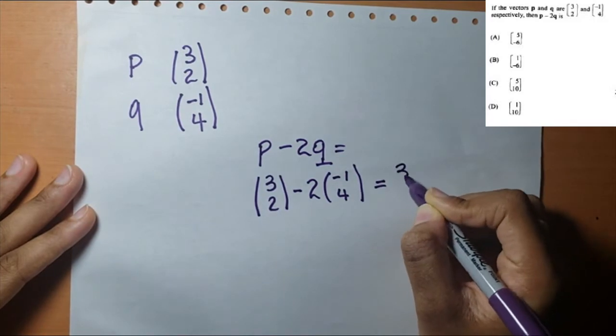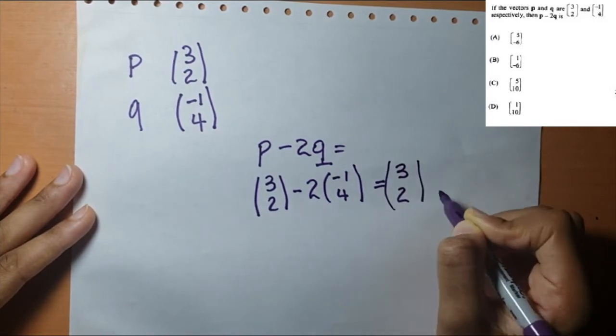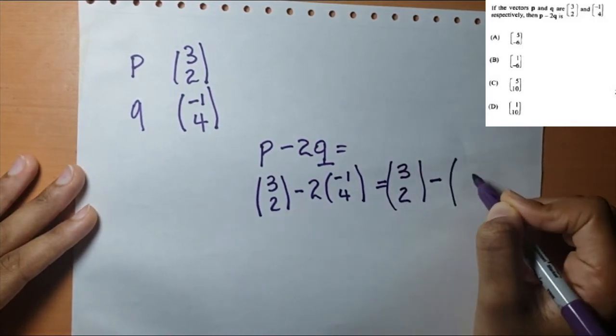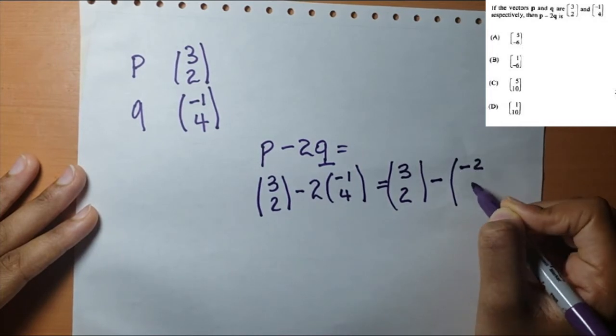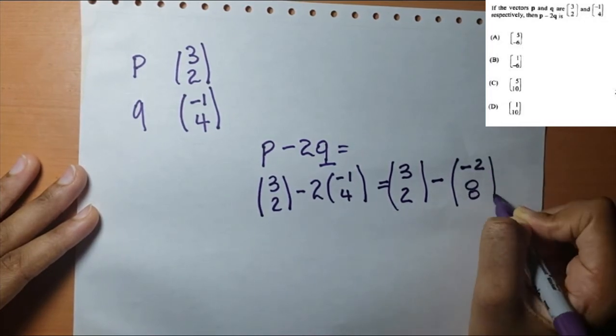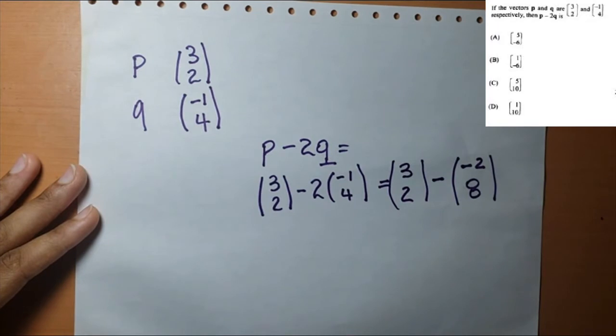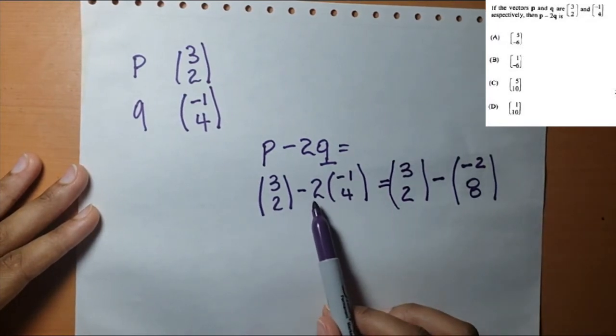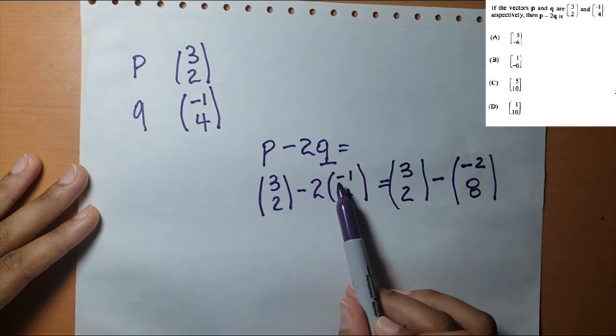So then we're left with 3, 2 minus negative 2, 8. Please be careful with your signs. Okay? So it's the negative 2 times all of this.